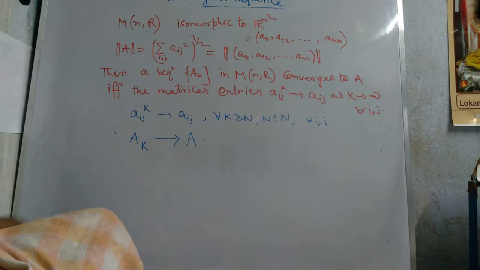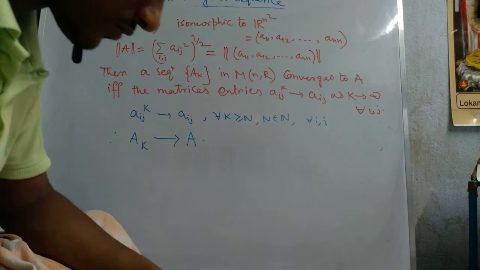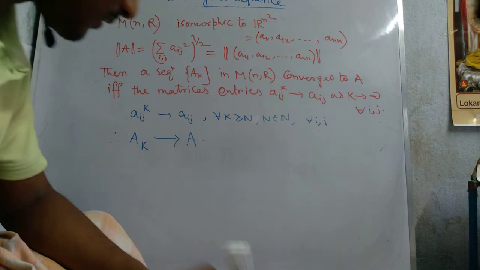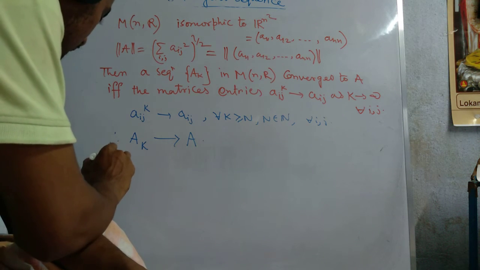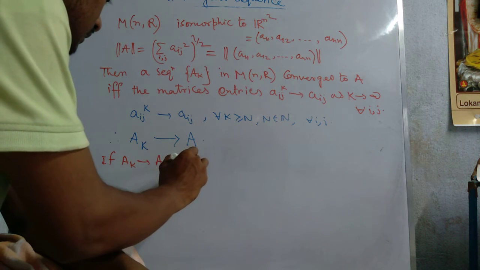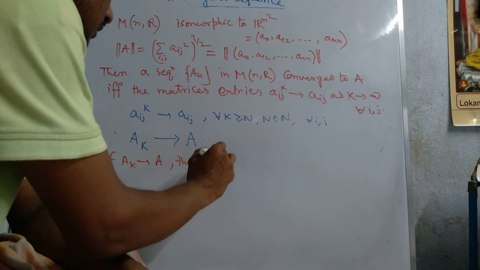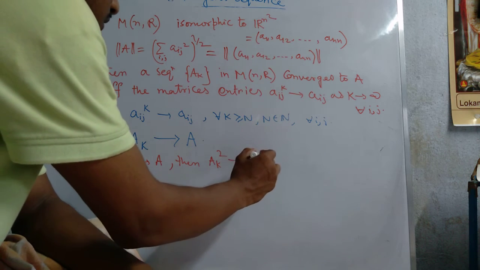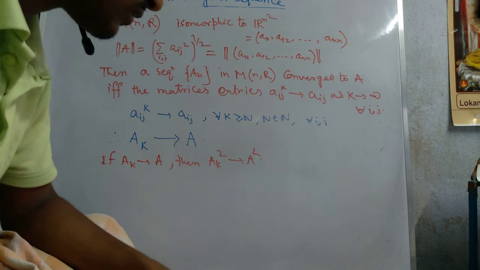Next we discuss further. If Ak converges to A, then Ak squared converges to A squared. How?